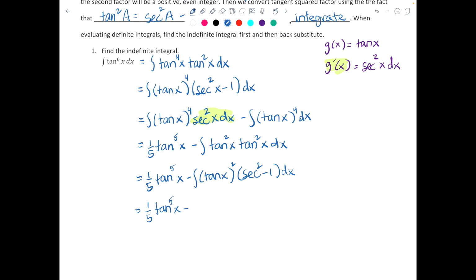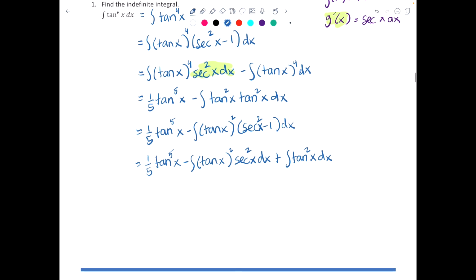Okay, so now I'm going to split this into two integrals. We'll have the integral of tangent at x, quantity squared, times secant squared at x dx. And then when I distribute through, it's minus and minus, so we get plus. And then we'll just have the integral of tangent squared at x dx.